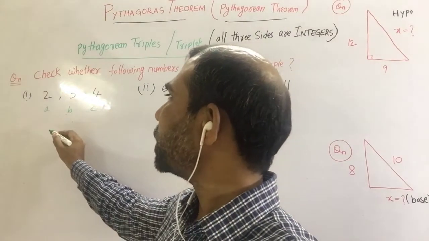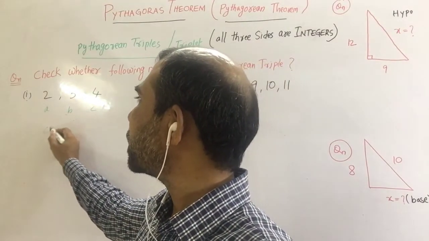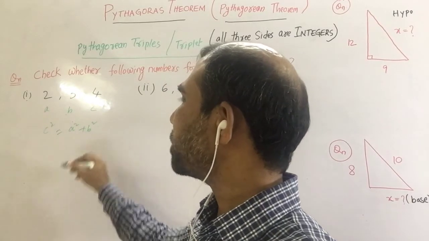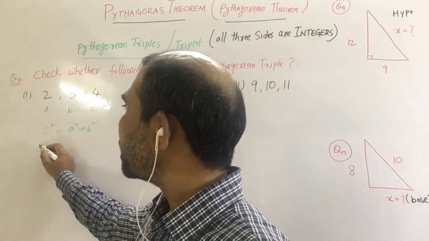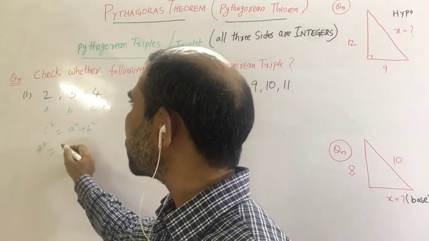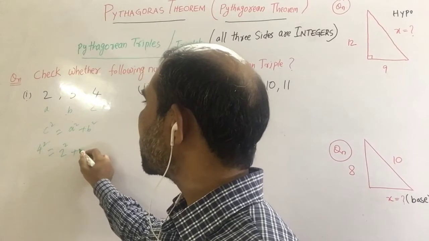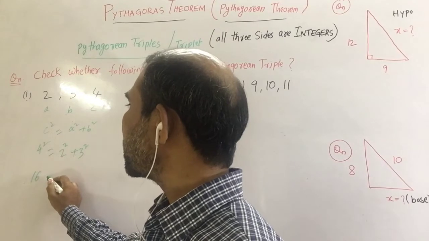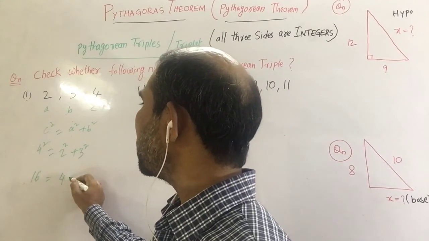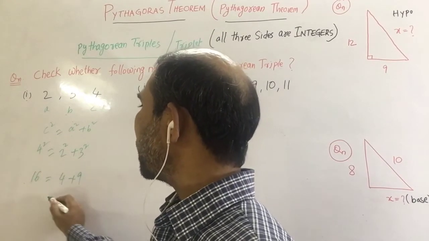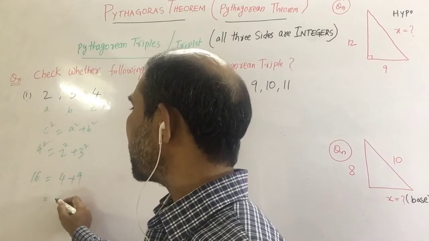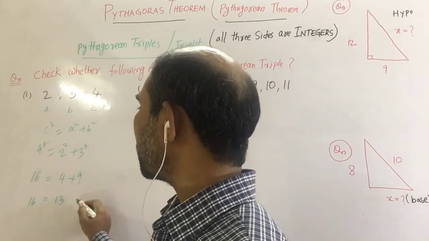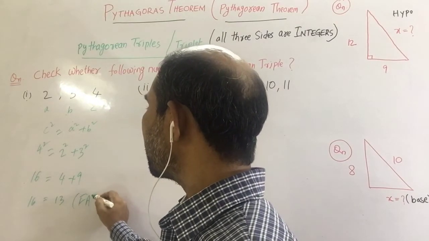So let us check the relation c squared is equal to a squared plus b squared, which is the Pythagoras theorem. 4 squared is equal to 2 squared plus 3 squared. 4 squared is 16 and 2 squared is 4, plus 9, and 4 plus 9 is 13. 16 is not equal to 13, that means this is false.